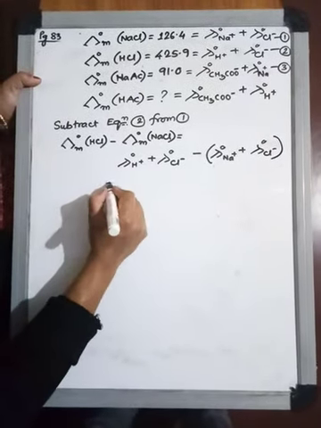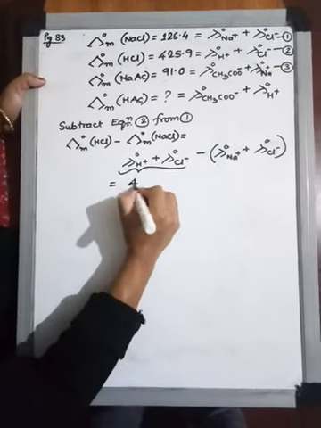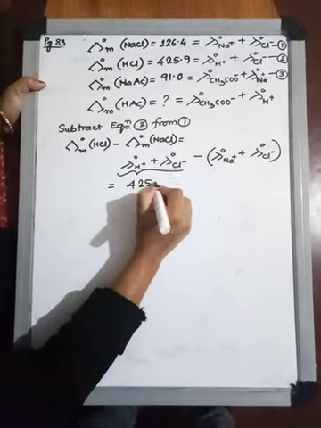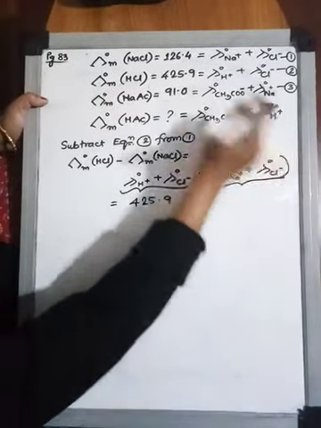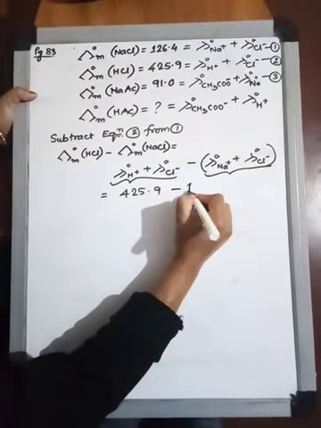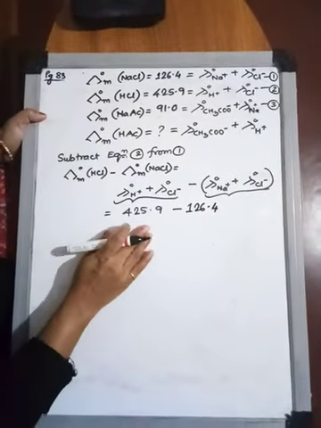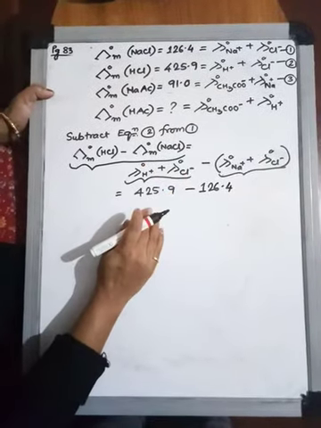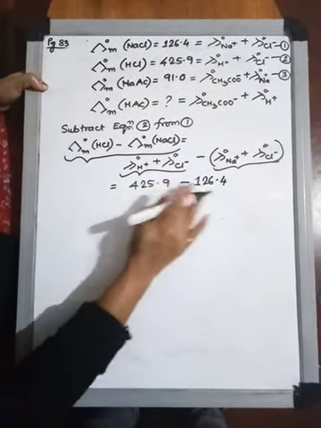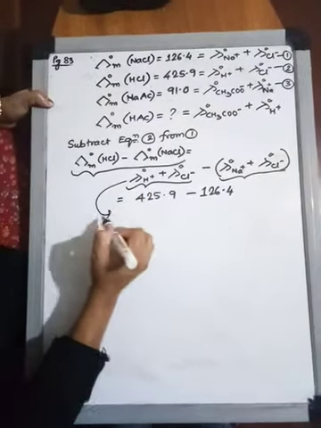Now what are the values of this portion? This portion is having a value 425.9 minus, what is the value of this portion? We already have from here 126.4. So you keep this ready. Now values we have got, but let us see what happens to this portion now.